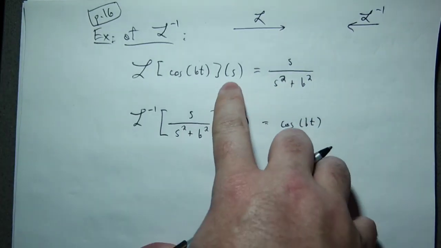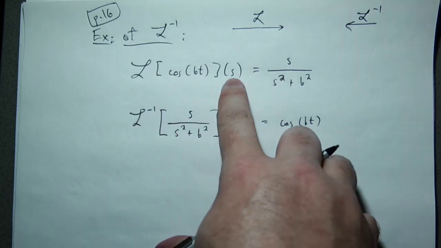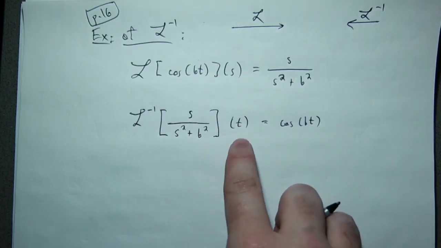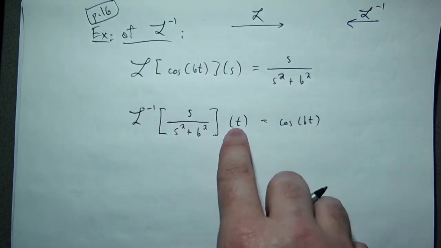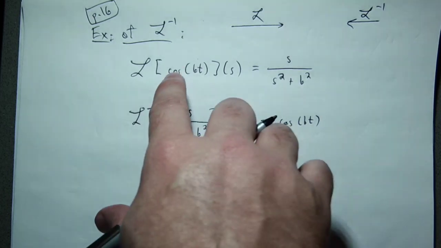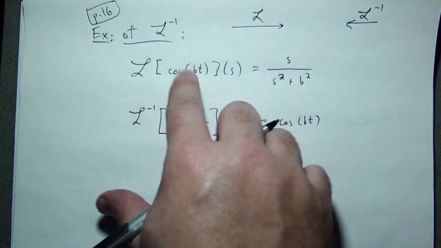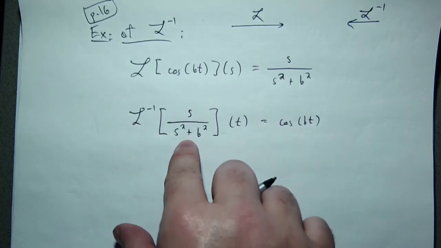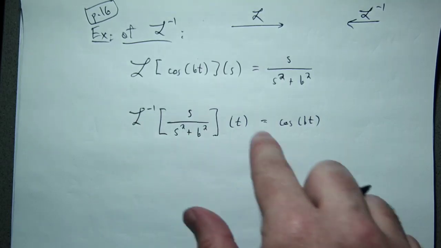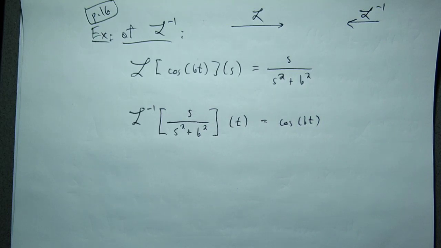So if the argument for the Laplace transform is this parameter s, the argument for the inverse Laplace transform is this parameter t. Where I apply the Laplace transform to a function of t, I apply the inverse Laplace transform to a function of s. So this is what I mean. And once you've seen that, now you know exactly how this works.